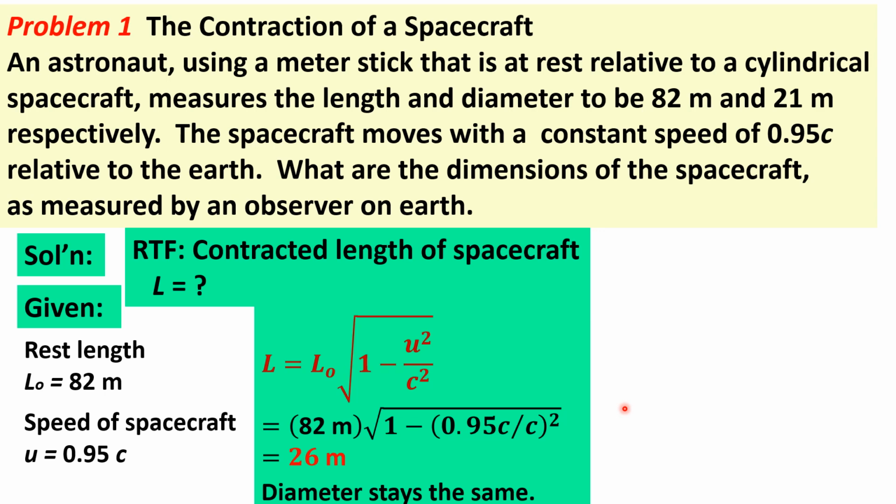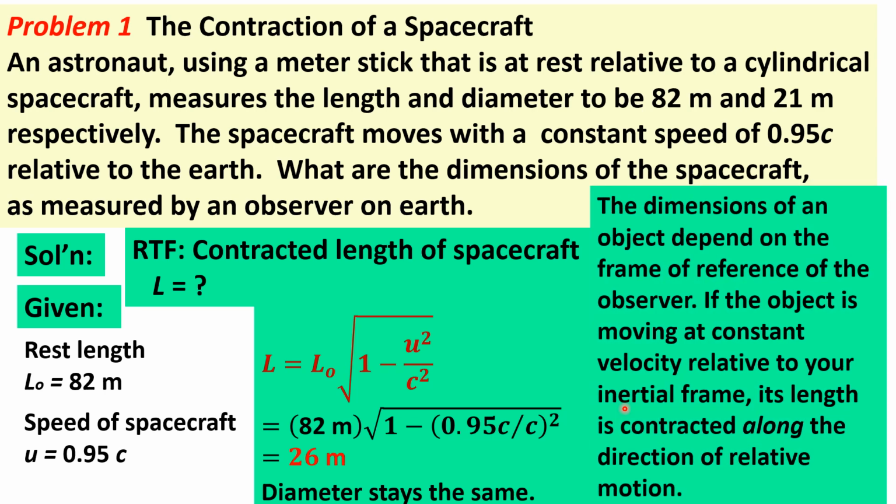So we say in conclusion that the dimensions of an object depend on the frame of reference of the observer. If the object is moving at constant velocity relative to your inertial frame, its length is contracted along the direction of relative motion.